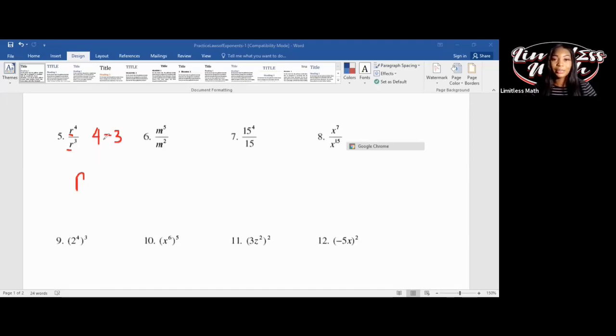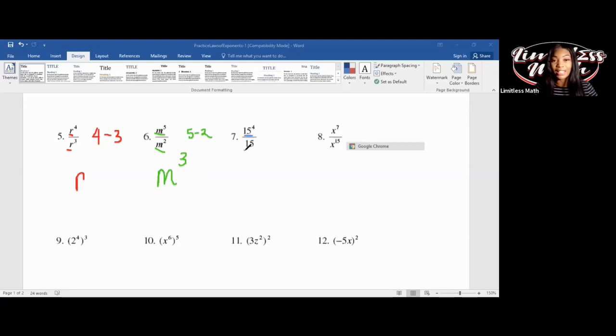Okay. Number 6, same base, M and M, same big item at the bottom. So bring down the M and then just subtract the exponents. That's it, M cubed. Number 7, once again, fraction bar. So we know we're using the quotient rule because we're dividing. Check to see if you have the same base.